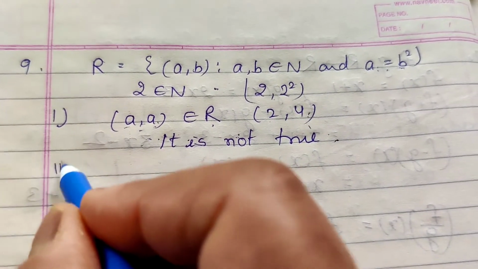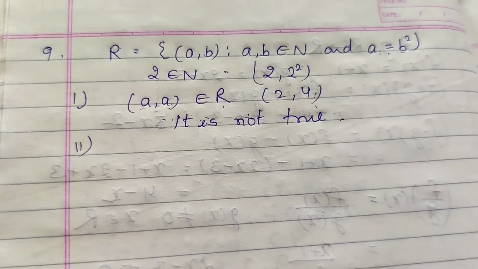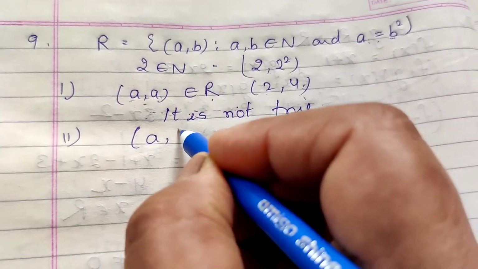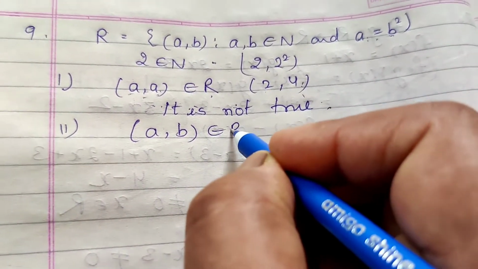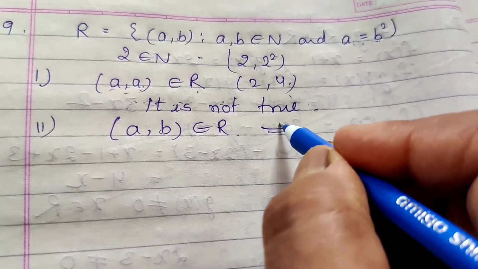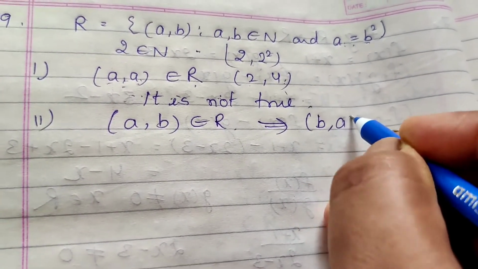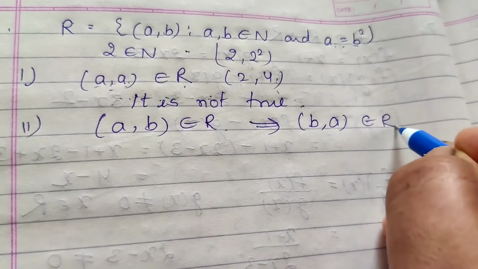The second statement: (a, b) belongs to R implies (b, a) also belongs to R. Check this.